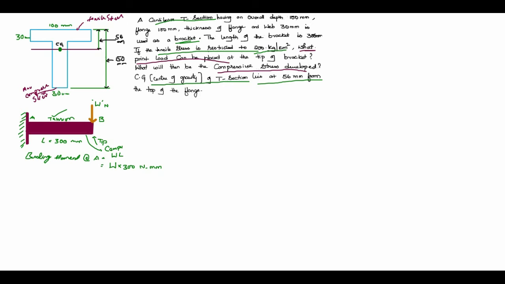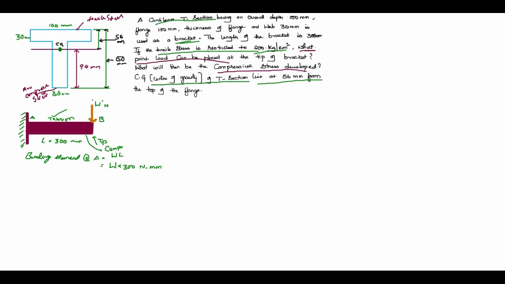The center of gravity is already given in the question, so there is no need of finding out the location. It is at a distance of 56 mm from top. So from bottom, it is going to be at a distance of 94 mm, isn't it right? 94 mm.